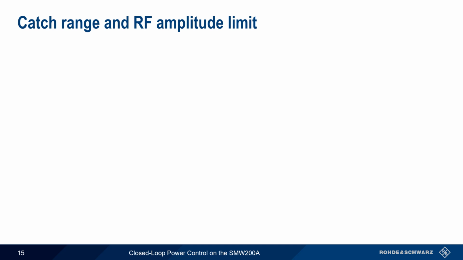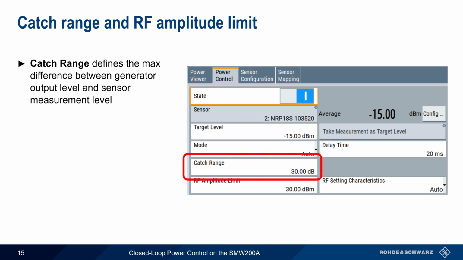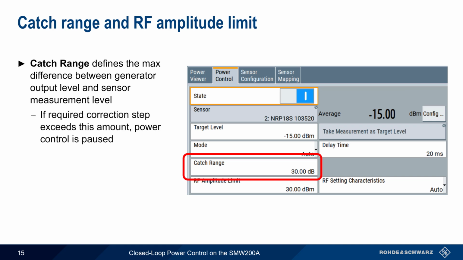There are also two parameters that can be used to help protect the DUT from excessive power. The catch range parameter specifies the maximum deviation between measured level and the starting generator output level. If the level measured by the sensor would require a correction step that's greater than this catch range, power control will be paused.